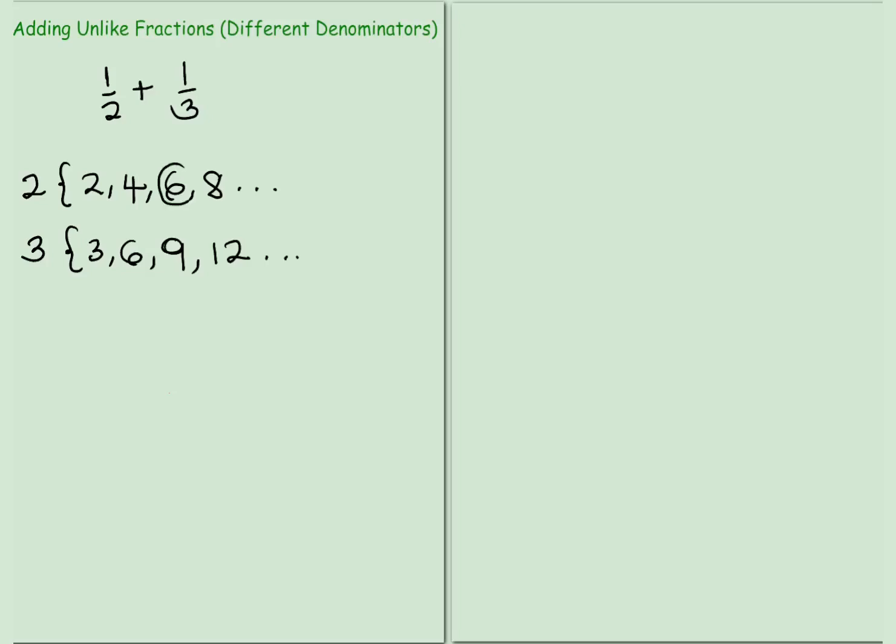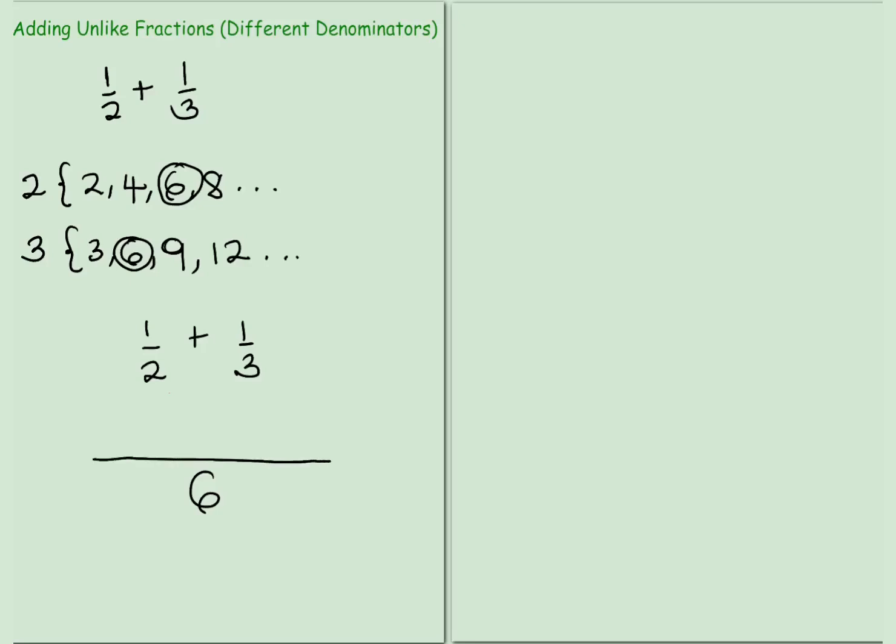And as you can see, that is 6. So instead of our 1 over 2 plus 1 over 3, we are going to say the lowest common multiple, or the common denominator, of 2 and 3 is 6. You see, this LCM becomes the common denominator of these two fractions.